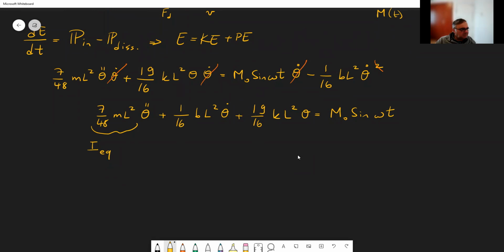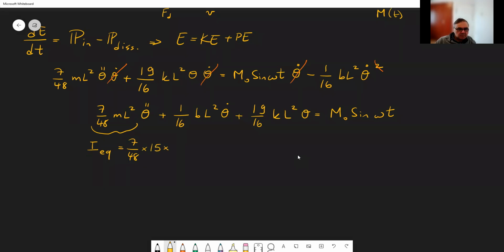But we will divide everything by the equivalent inertia, which, by the way, we can calculate. Seven over 48 times m, mass was 15 kilograms, right?